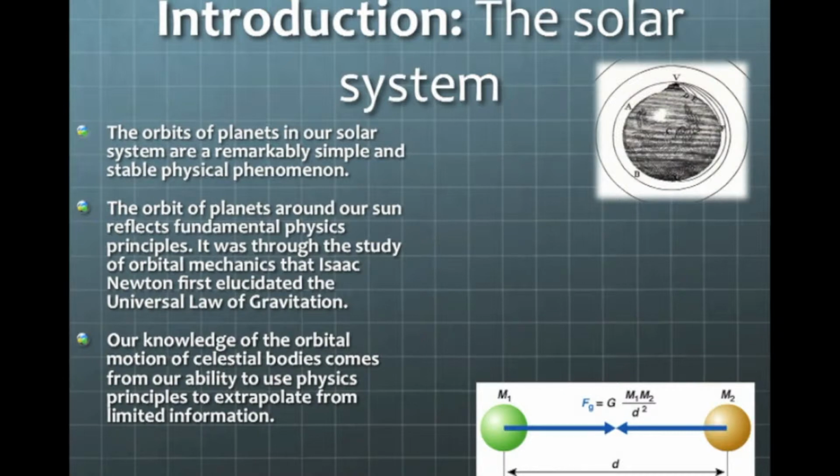And our knowledge of the orbital motion of celestial bodies in our solar system comes from our ability to use physics principles to extrapolate from limited information, and that's what we're going to be doing here. So that's exciting.